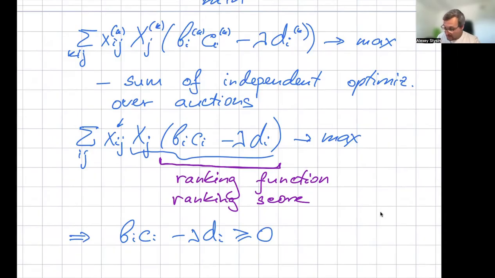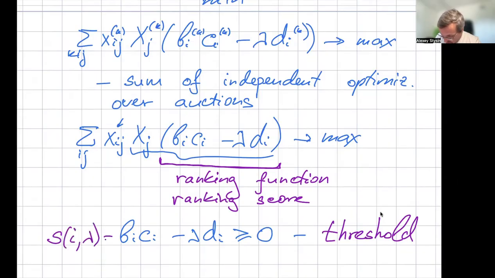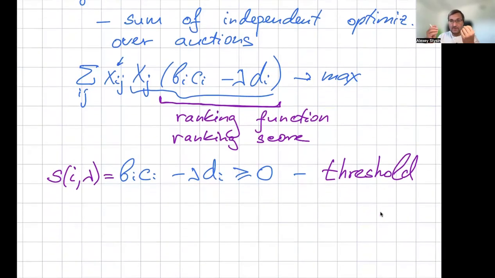And this is the threshold property. So given a fixed lambda, choose lambda and compute this score function. Let me give it a name. It's called S of i and lambda. So the first step in this optimization inside a single auction would be to remove all the candidates which do not meet the threshold.